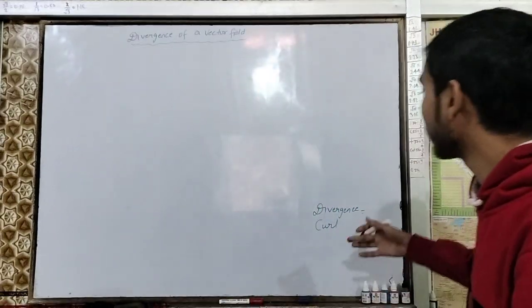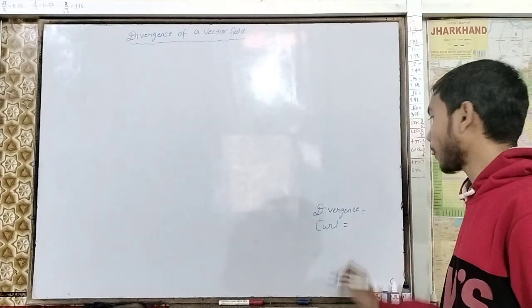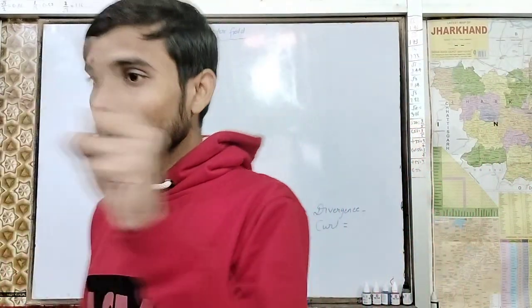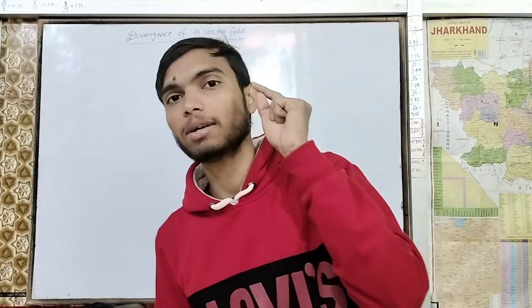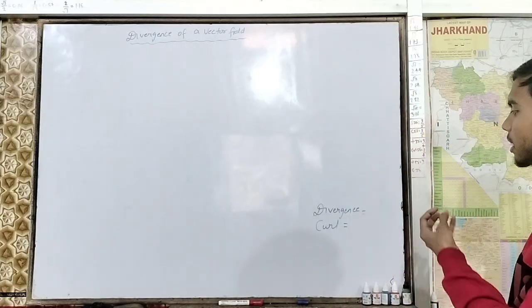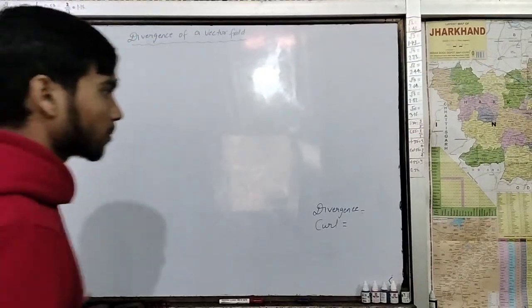So divergence means something is spreading out, and curl means something is rotating. Now here something is nothing but a vector. If a vector is rotating, we will say the curl of the vector is not equal to 0, because the vector is rotating.